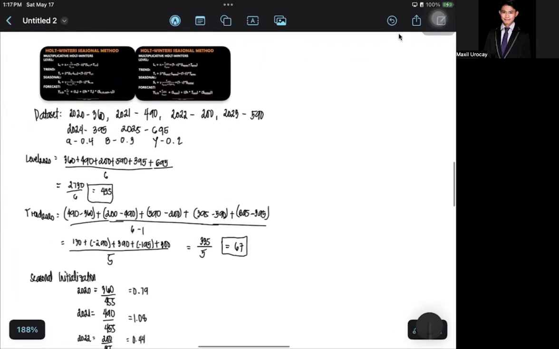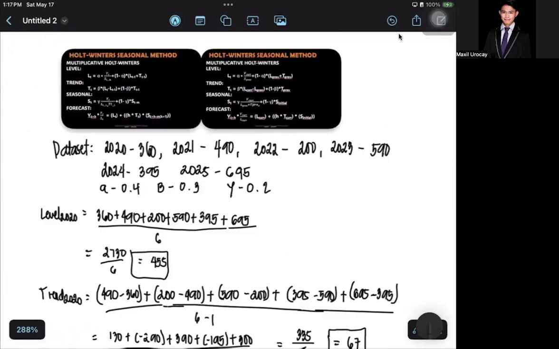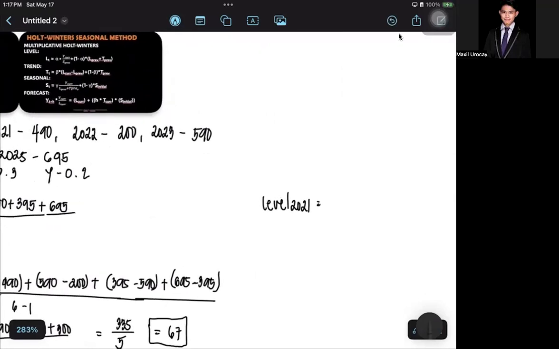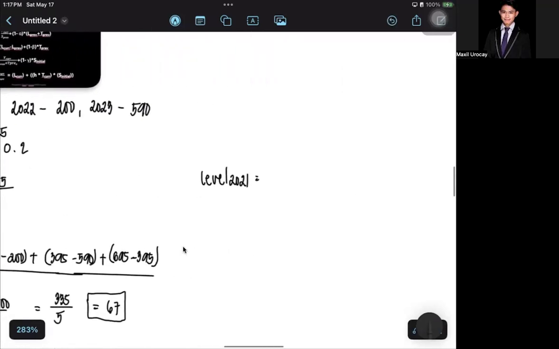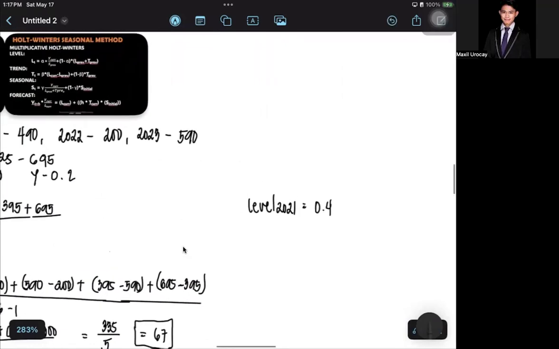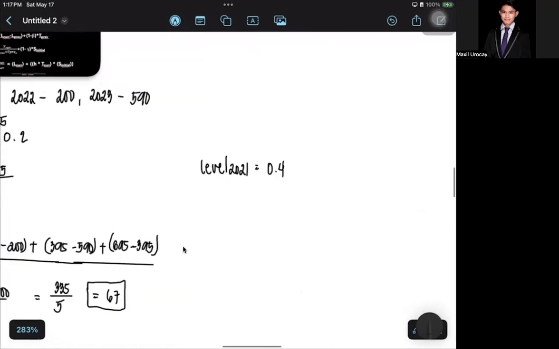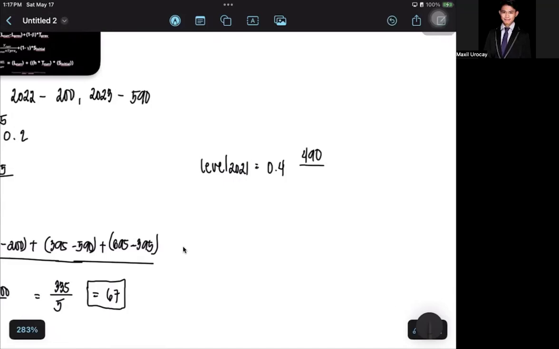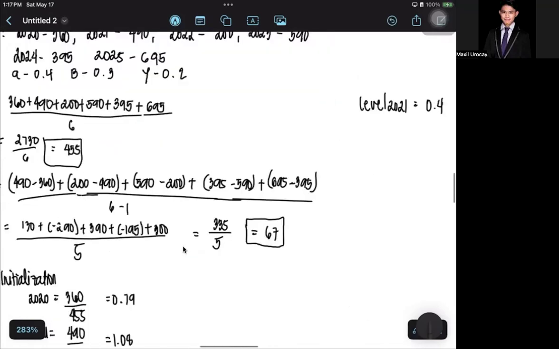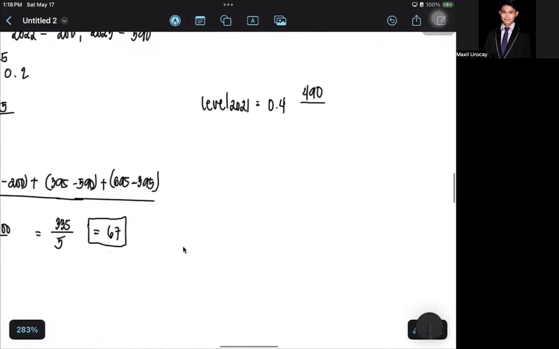Since we have initialized, we can now apply the formula. For the level of 2021, alpha is 0.4, times Yt, the data for 2021, which is 490, divided by S(t minus m), the previous seasonality for 2020, which is 0.79.